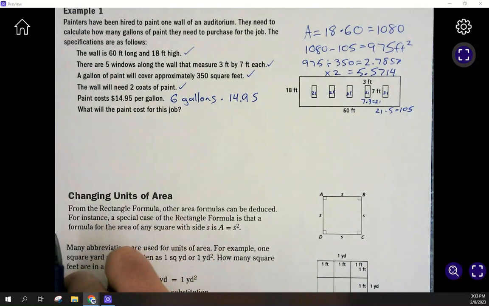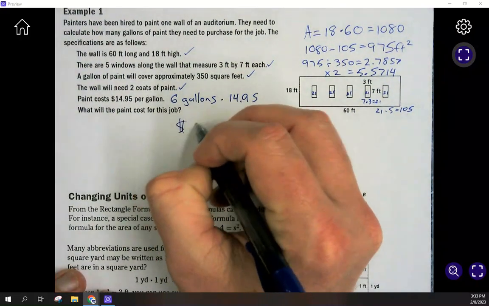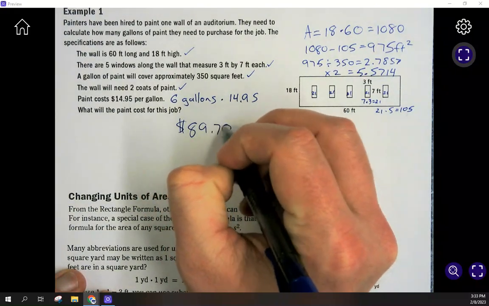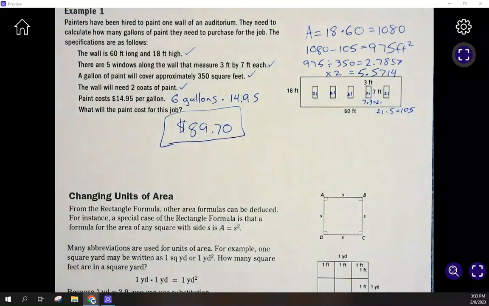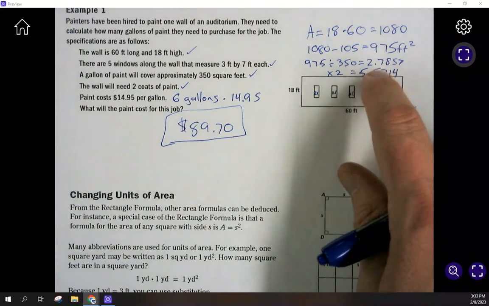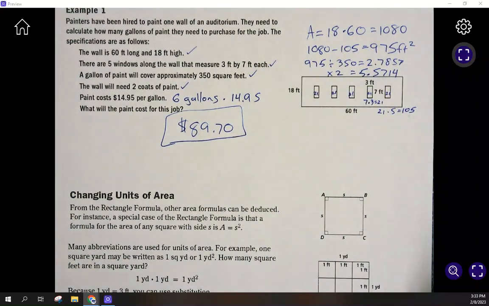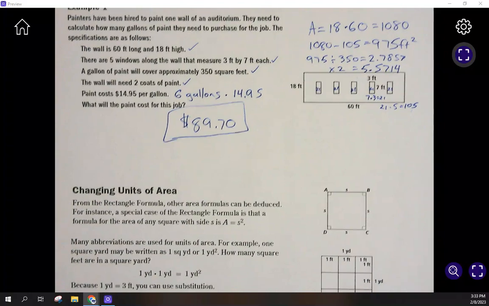So 6 times $14.95 is $89.70. So the cost of the job will be $89.70. They will have a little bit of paint left over, but if you just bought 5 gallons, you would not have enough to cover it with 2 coats.